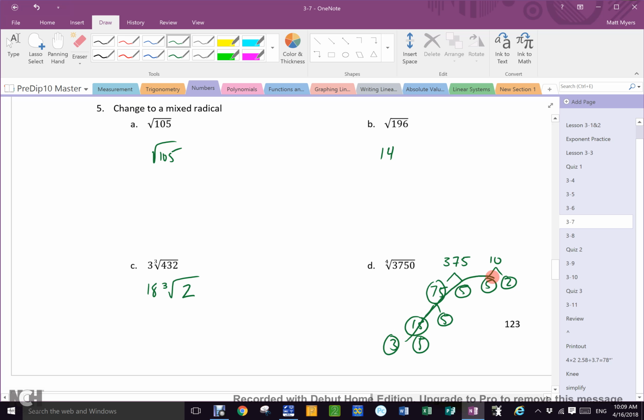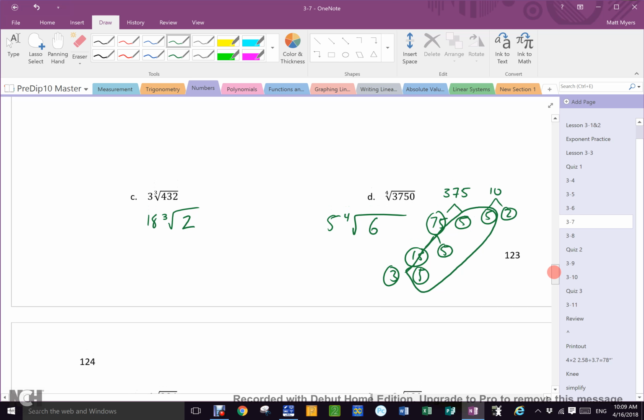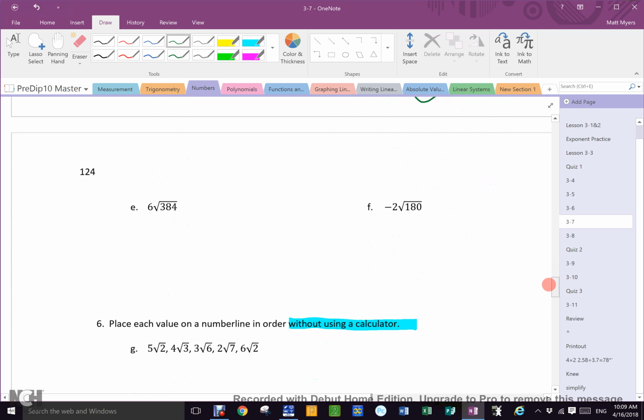And there is my group of 4. So out comes a 5, and I left 6 under there.